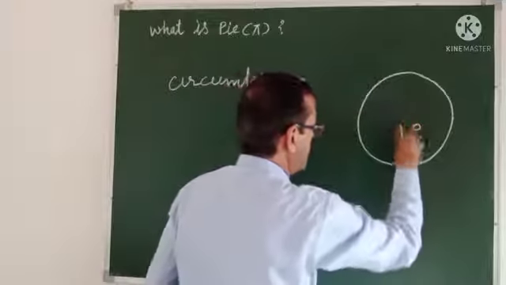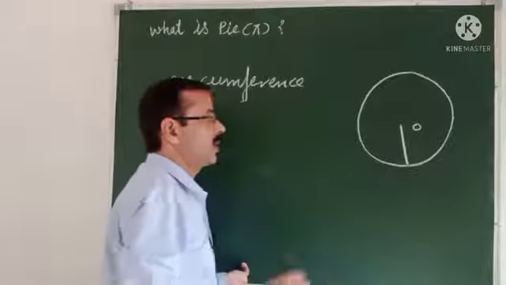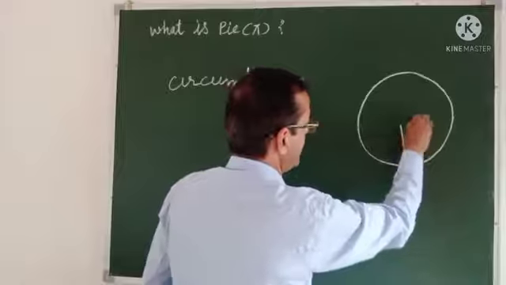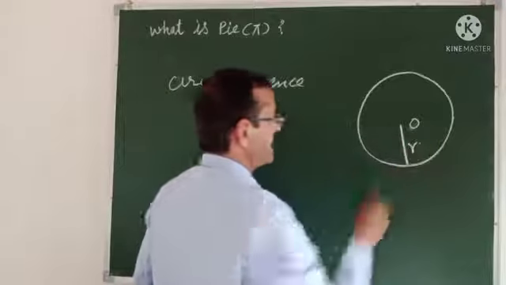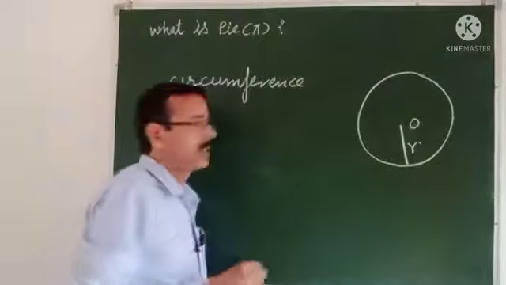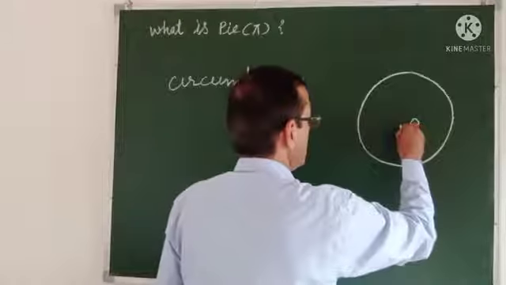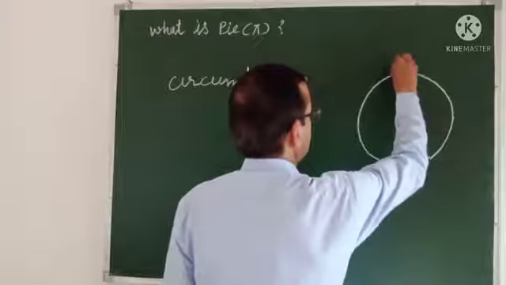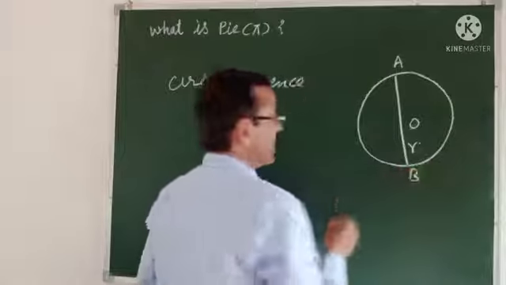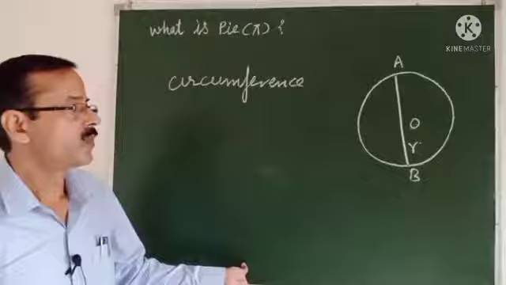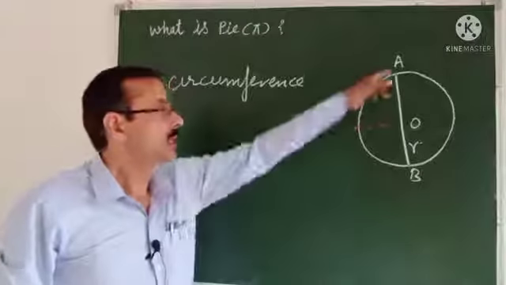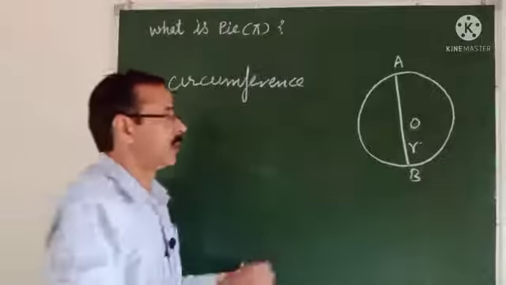This distance from O to any point on the circle is called the radius. This is a line AB, a line passing through the center O. This is called the diameter.